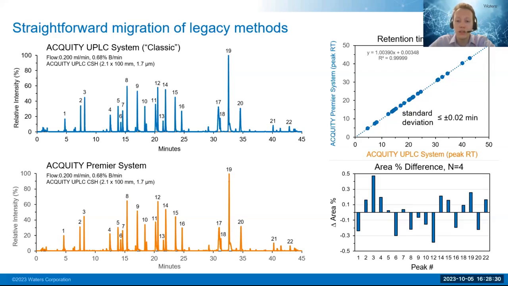On the lower right bar plot, we did a differential analysis of peak area between systems, and this shows that relative peak area was within 0.5% of each other, indicating that conservation of peak areas across systems was maintained.